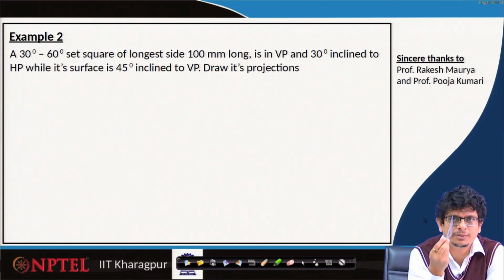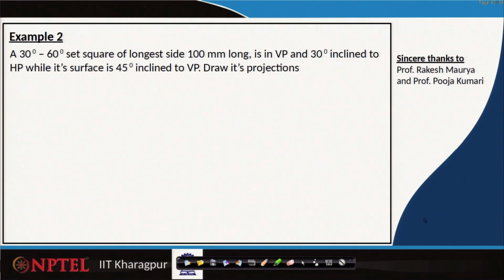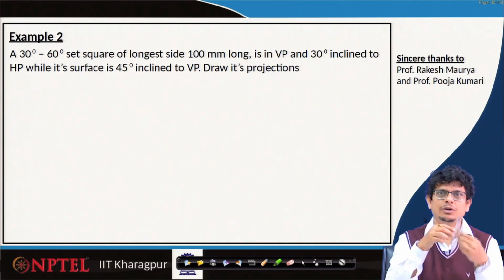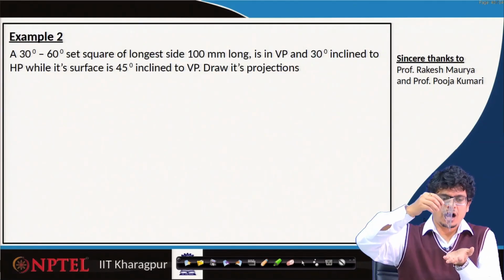This set square is a two-dimensional object for our simplification, and let us assume that the longest side has 100 mm length, 10 centimeters, and it is in the vertical plane, the longest side, and 30 degrees inclined to horizontal plane, while its surface is 45 degrees inclined to vertical plane. Draw its projections.